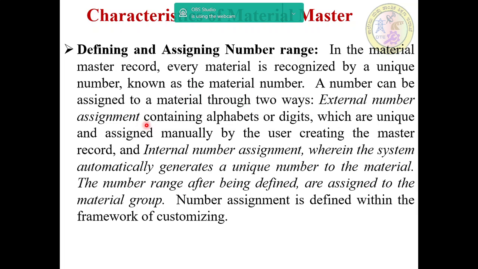A number can be assigned to a material in two ways: external number assignment, containing alphabets or digits which are unique and assigned manually by the user creating the master record, and internal number assignment, wherein the system automatically generates a unique number for the material.